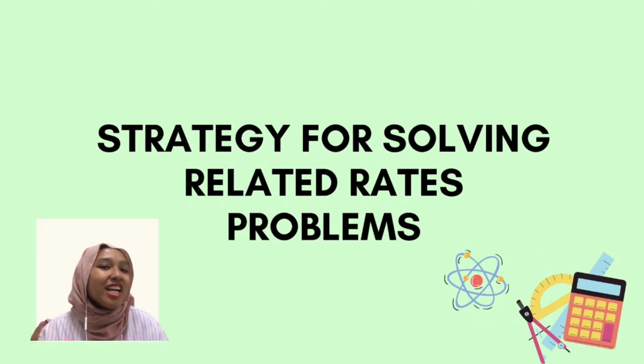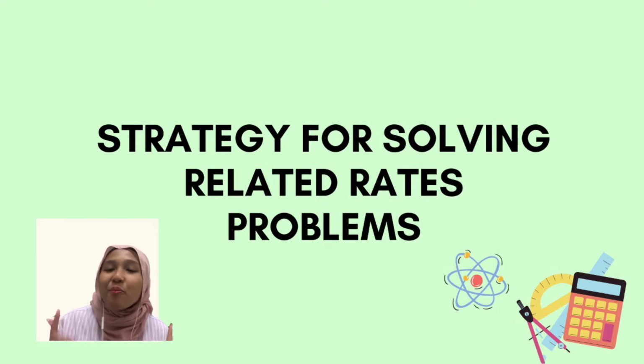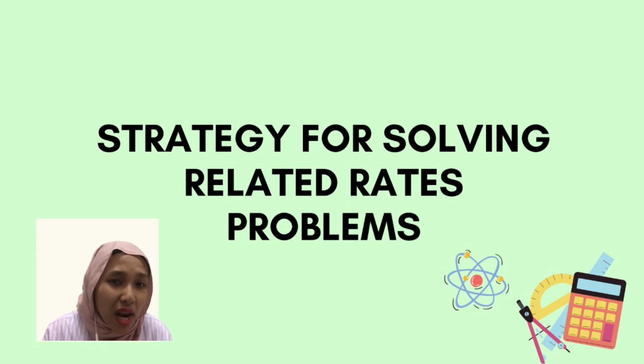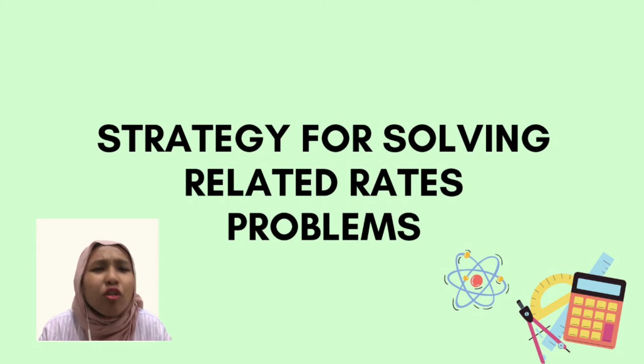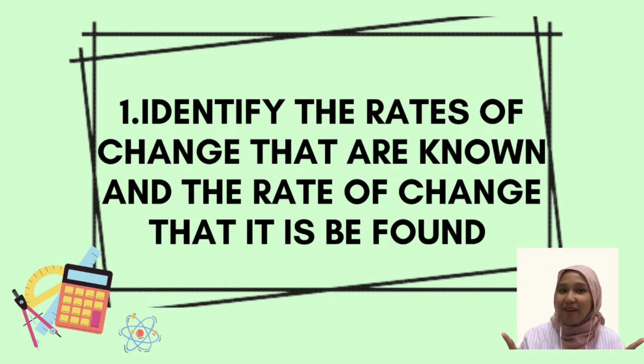So, after I explained about the cylinder, you guys must already understand basic related rates. Congratulations! Now, let me tell you the strategy for solving related rates problems. First step, identify the rates of change that are known and the rate of change that we need to find.